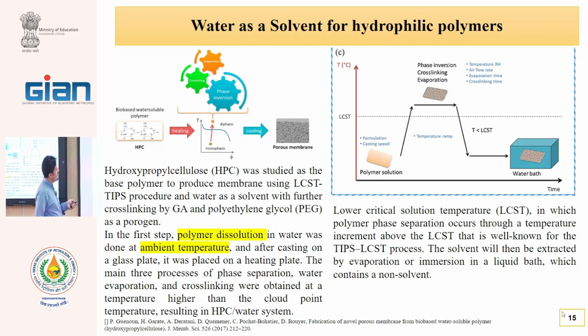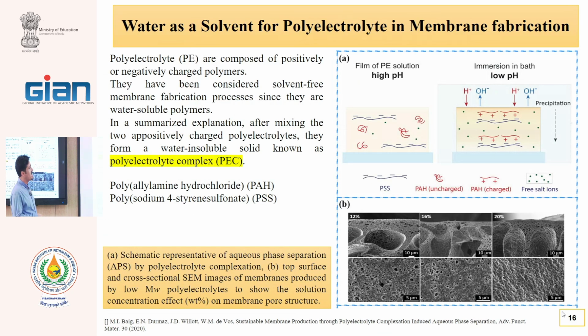Next, by reducing temperature and solidification, for removal of the membrane we can use the water bath. Therefore, there are many different techniques for fabrication of membranes with water as a solvent.